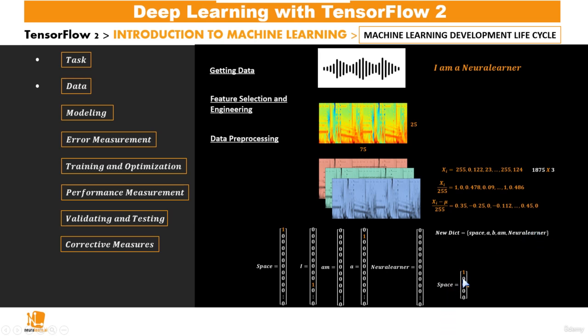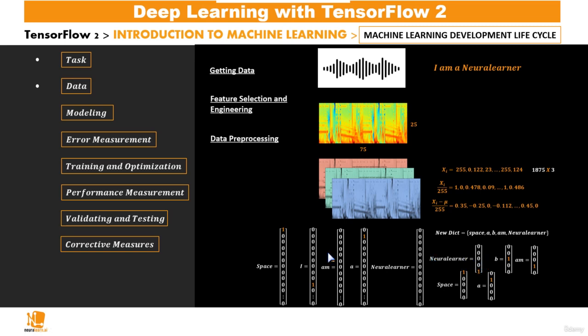So we have space, then A 0 1 0 0 0, B 0 0 1 0 0, am 0 0 0 1 0, and neural learner, which takes the last position, 0 0 0 0 1. So our model understands that if we have 0 0 0 0 1, we are actually working with neural learner.